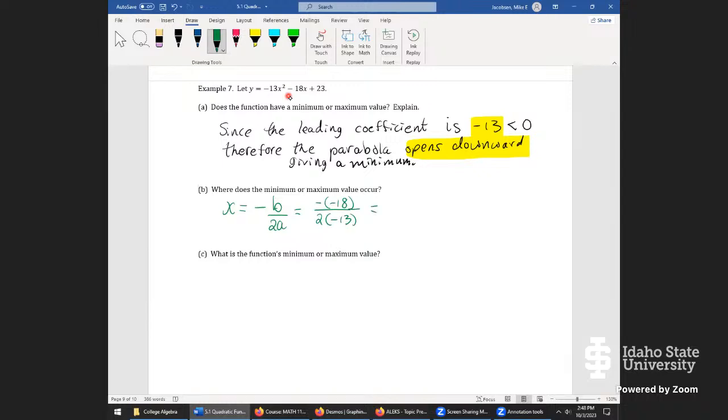And that's where the minimum value is going to occur. It's only asking for the first coordinate, the x value. This will turn into positive 18 over 2 times negative 13. We can divide 2 into the 18 to get overall a negative answer of 9/13. So at exactly negative 9/13, we're expecting our minimum value.